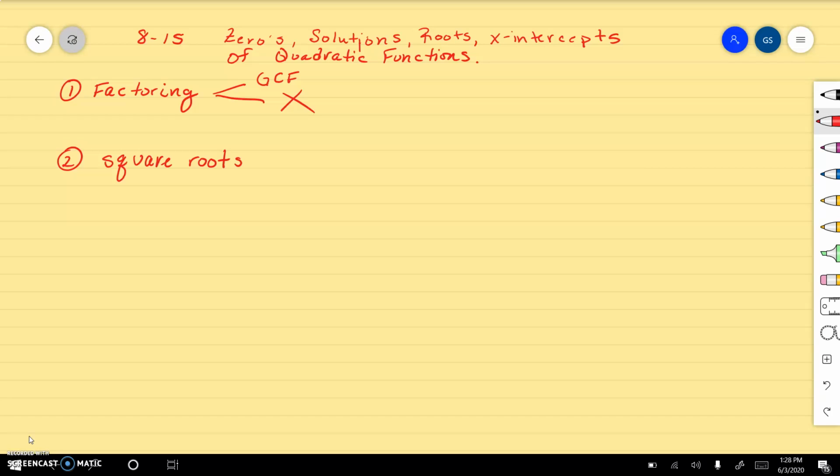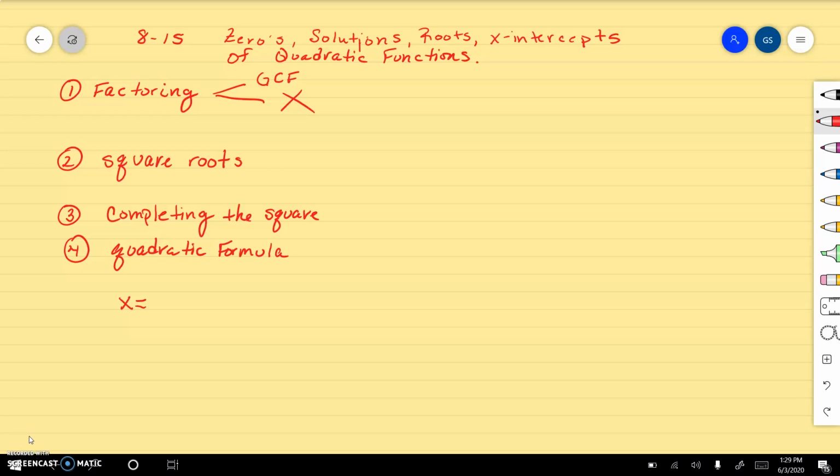The third is completing the square. And the fourth is the quadratic formula. Okay, so that was from a few weeks ago. All right, I'm going to write the quadratic formula, see if you remember it.